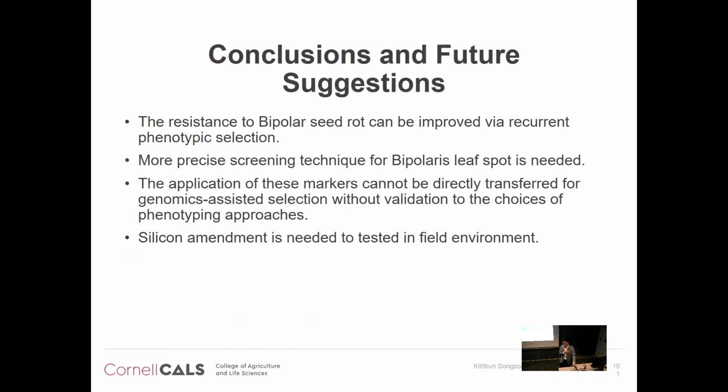But I have to admit that the resistance to Bipolaris leaf spot still needs to be improved, and even though I tried to screen in mature plants, the markers that come from the multi-trait GWAS cannot directly be used for genomic assisted selection right now. They still need to be validated a bit. And lastly, for silicon amendment, we cannot infer the greenhouse result to the field result. So that might be future research again.